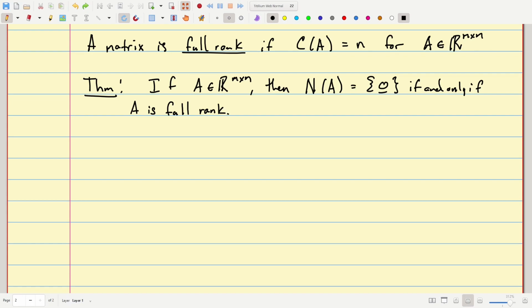Okay, the phrase if and only if means that I should be able to do the if-then in both directions. If A has a trivial null space, then A is full rank, and if A is full rank, then it has a trivial null space. So we'll do the implication this direction first.